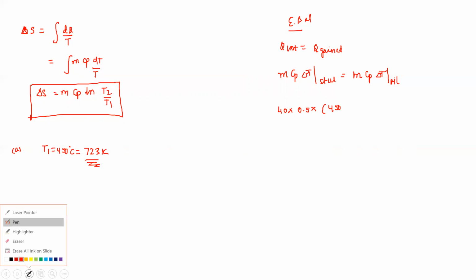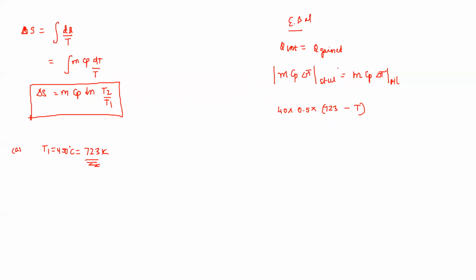So it's going to be 723 minus, let's assume the temperature finally attained is T. We have taken 723 minus T because we basically take the magnitude of heat. Heat is going to be negative because the heat is lost, but since we are going to take the magnitude of heat transfer, we have taken higher temperature minus lower temperature. Okay. And that is going to be the heat gained by oil.